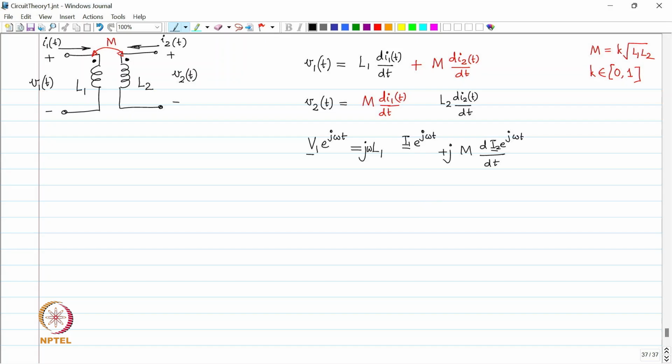And similarly, this becomes j omega m times I 2 e to the power j omega t. Fine. And what is the next step? Cancel out e raised to j omega t. All right. My equation is becoming simpler and simpler. I basically get V 1 is equal to j omega L 1 times I 1 plus j omega m times I 2.